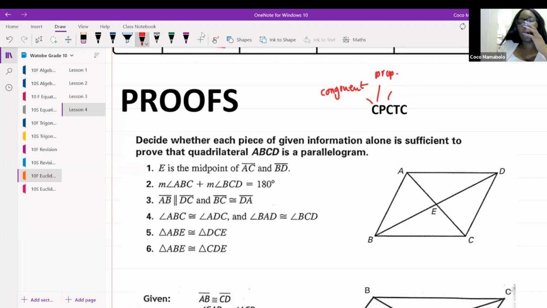Or congruent properties of congruent triangles. No, I knew I was lying somewhere. Corresponding properties of congruent triangles are congruent.